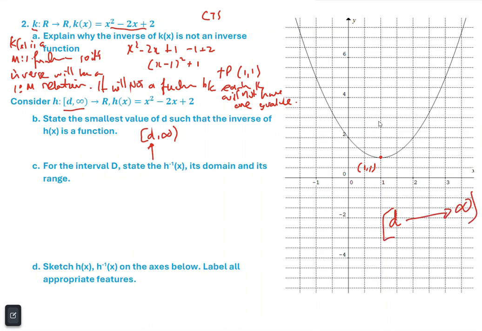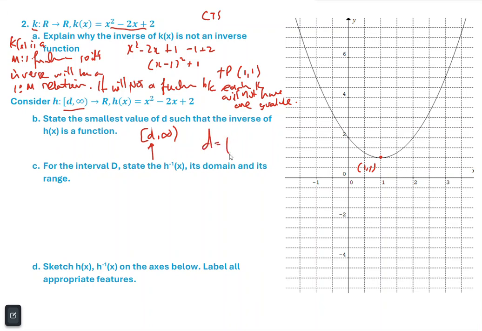So I'm looking for this side. Now I could make D equal to 2, or D equal to 3, because that would restrict it to a 1-to-1 function. However, it's got to be the smallest possible value, so D equals 1 is going to be my answer. So I might just clean that up off my screen. So D equals 1 is the answer.